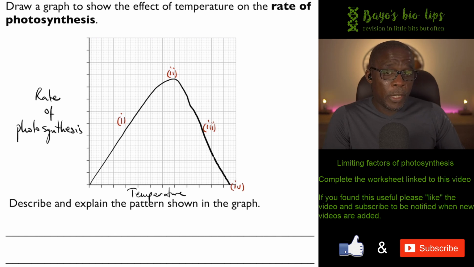Then you get to step 2, which is the optimum temperature. And then after that, the rate begins to decrease, and that's because the shape of Rubisco changes and its action changes.